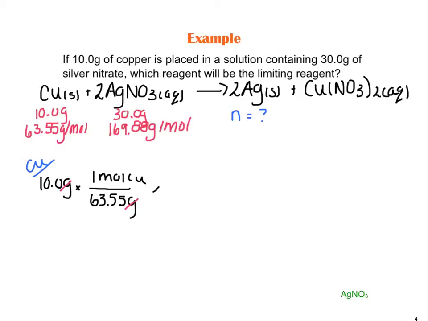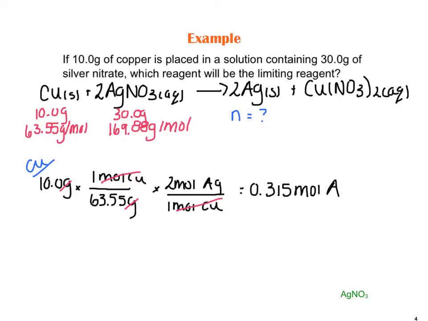We're at our mole ratio, so we have 2 moles of silver all over 1 mole of copper. Moles of copper cancel, and we are left with 0.315 moles of silver would be produced if copper was the limiting reagent. Okay, so if we had lots of extra silver nitrate.